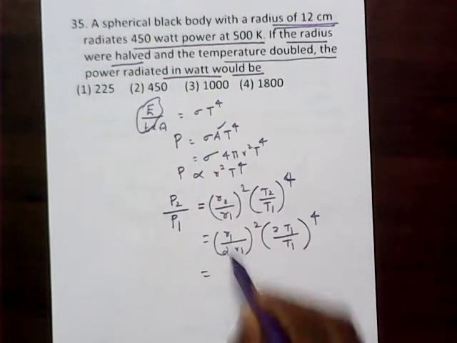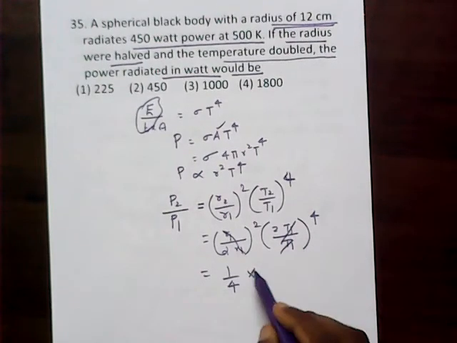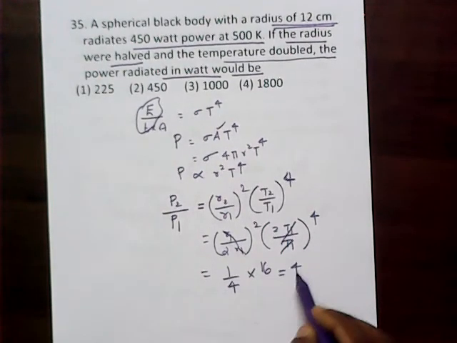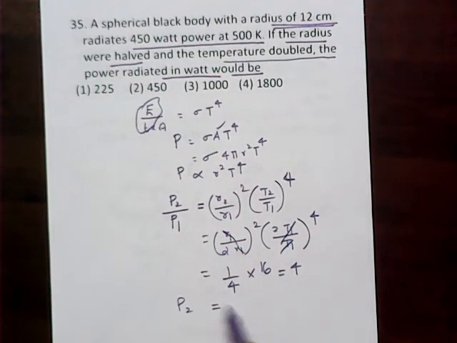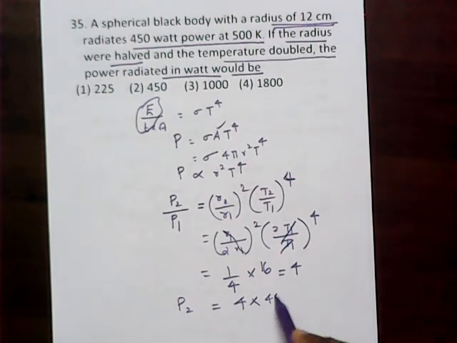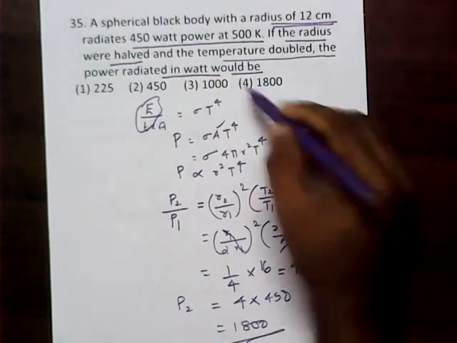That is equal to 1 by 4 into 2 raised to 4, which is 16. So P2 takes the value 4 times P1. The P1 is 450, so you get the answer as 1800.